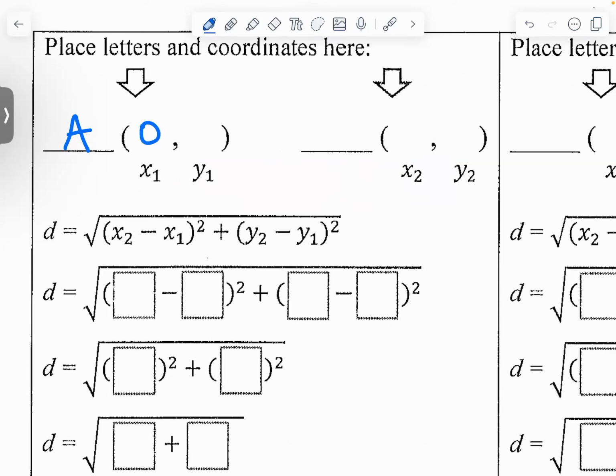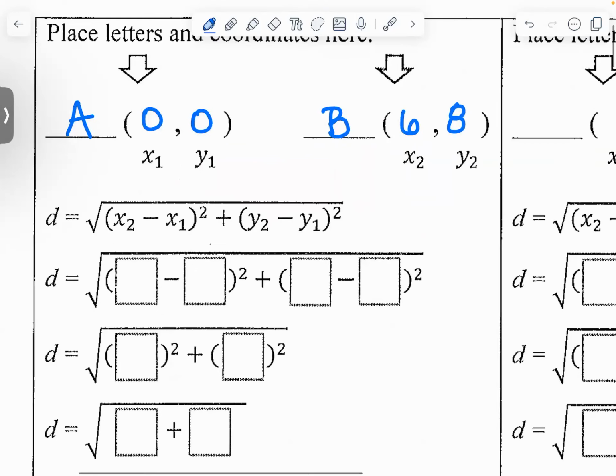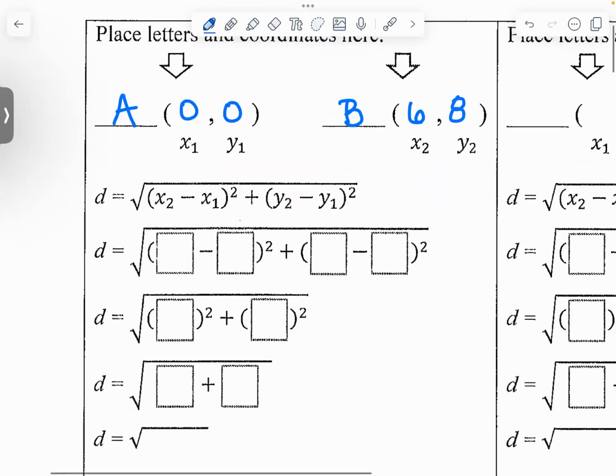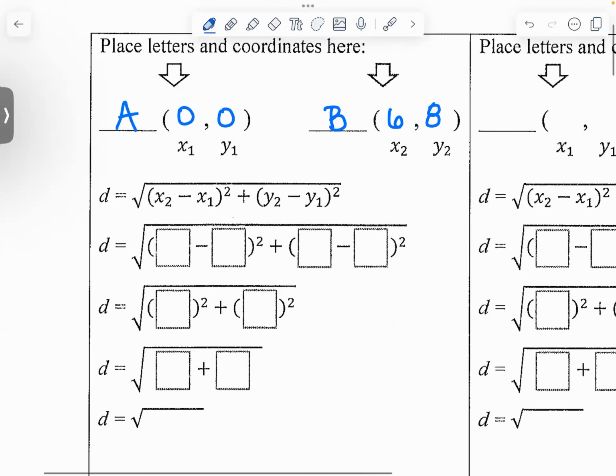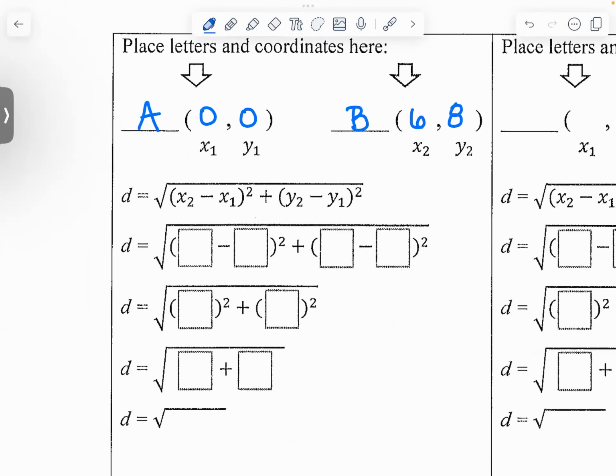Letter A is 0, 0, and letter B is 6, 8. Right here.